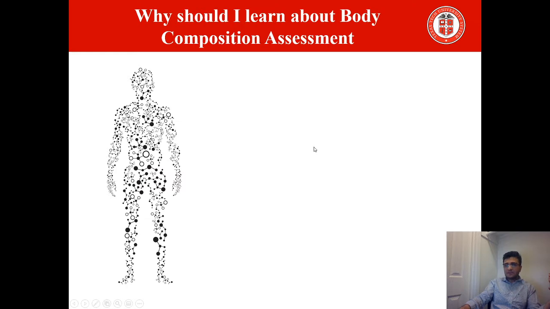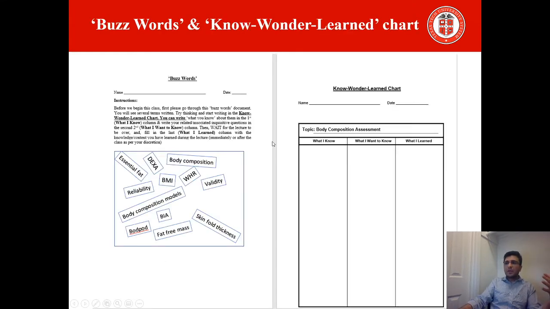So whatever things you already know, you write in the first column, and the things which you want to know or you are curious to know, you should write in the second column. This exercise may take 3 to 5 minutes.